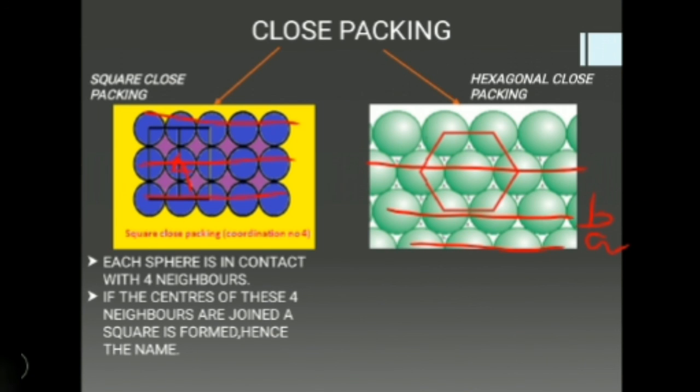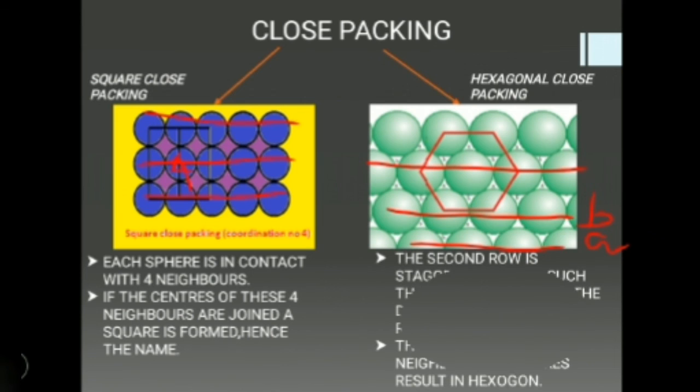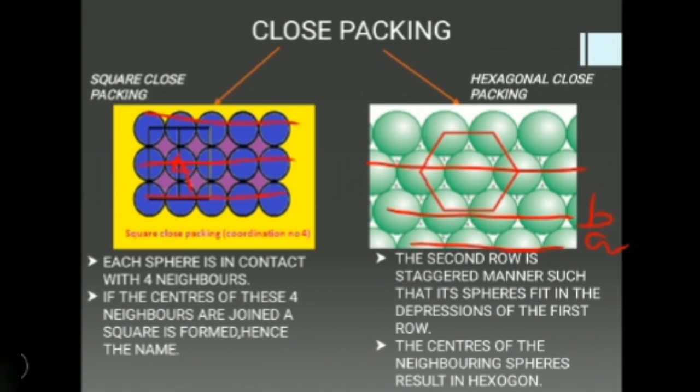As I told you, in square close packing they have 4 neighbors, hence their coordination number will be 4. And here, I missed out the neighbors. It will have 1, 2, 3, 4, 5, and 6.